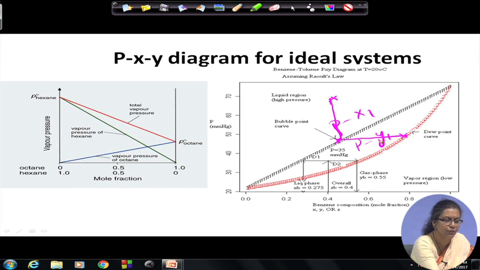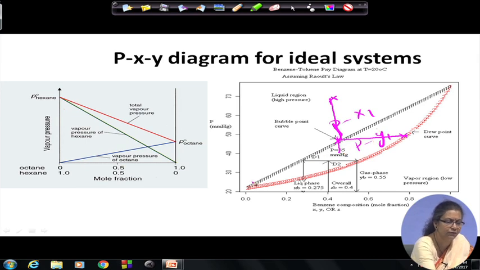Agreed? Then again we keep on continuing our expansion process. When we keep on continuing the expansion process, what do we find? We find that from the single phase liquid region, we have entered the two phase liquid vapor region.